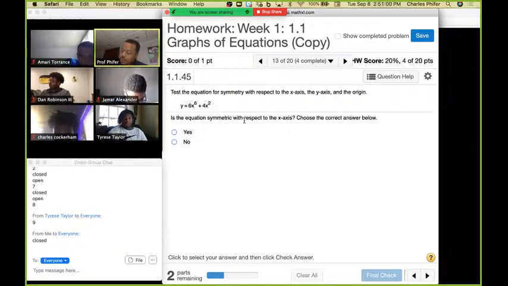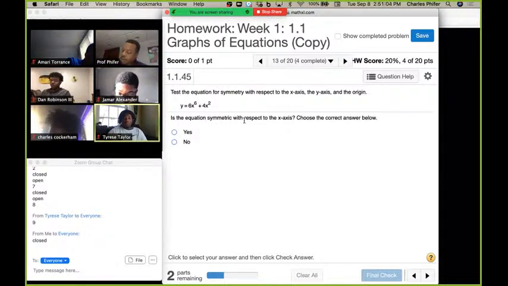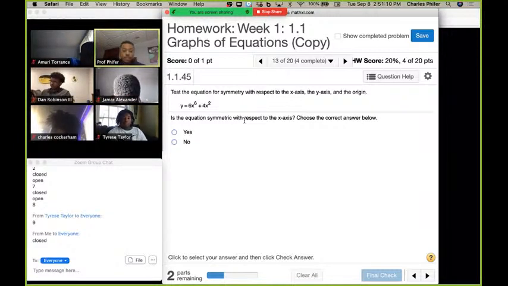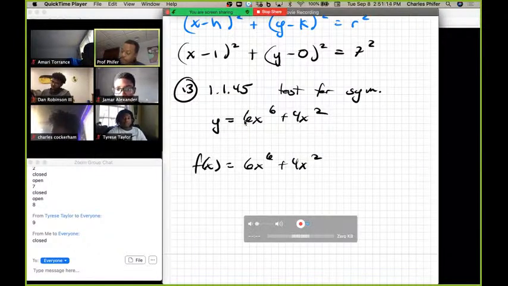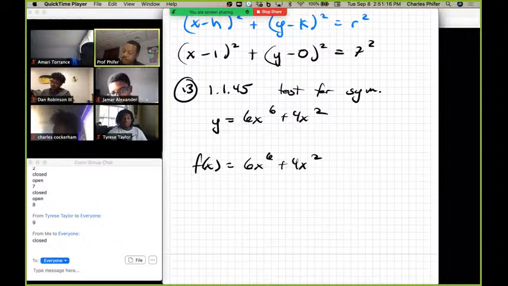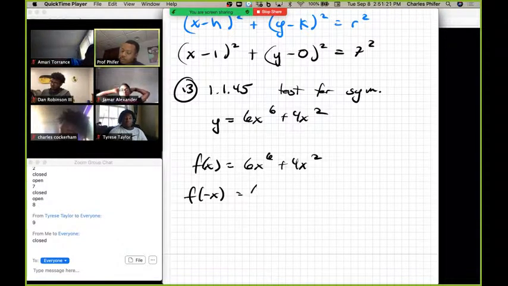For right now, I'm going to do f of x equals 6x to the 6 plus 4x squared. So then I'm going to do f of negative x. That's going to give me 6 times negative x to the 6 plus 4 times negative x squared.